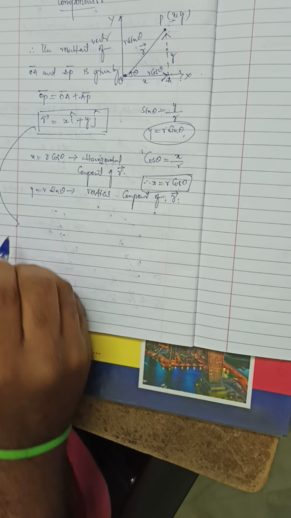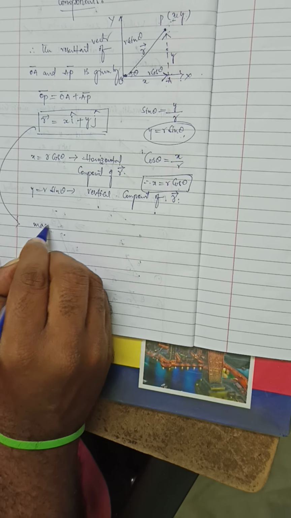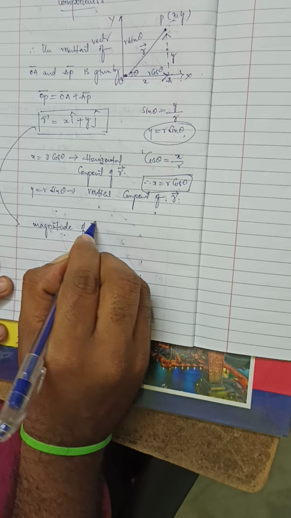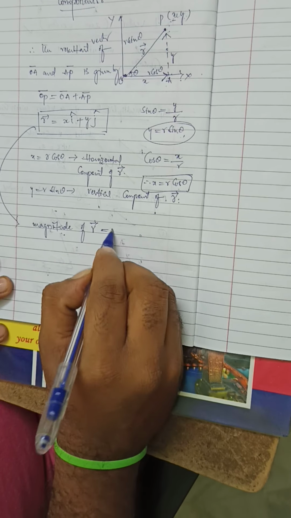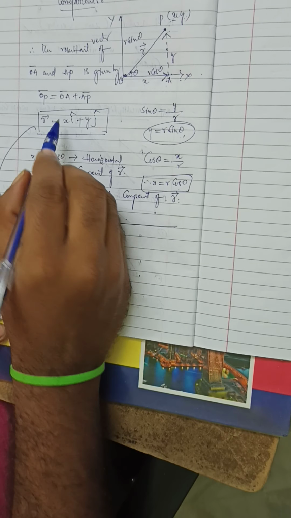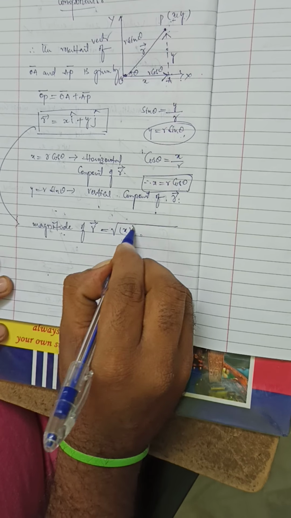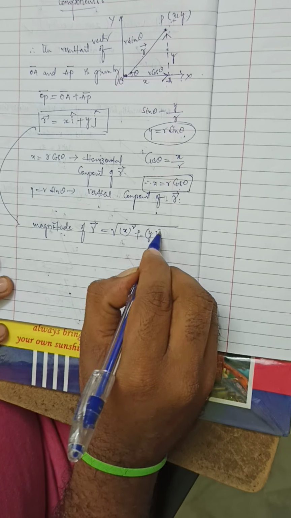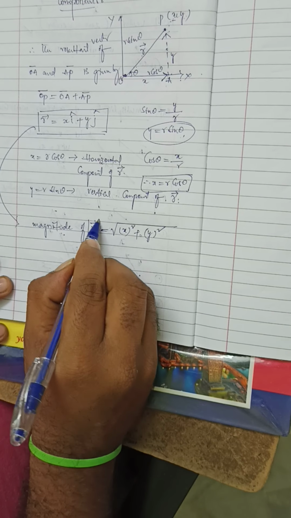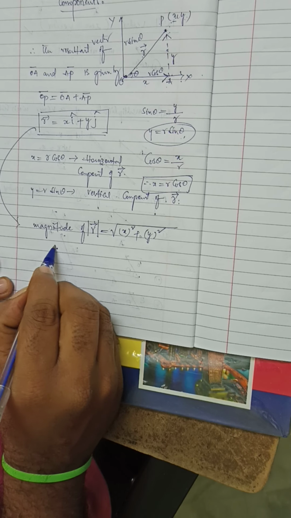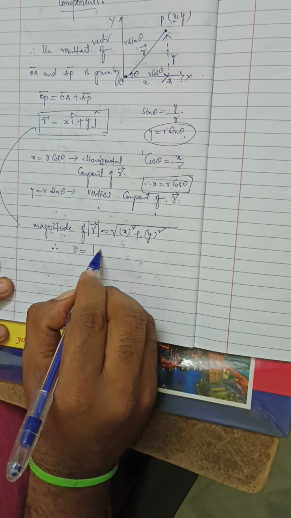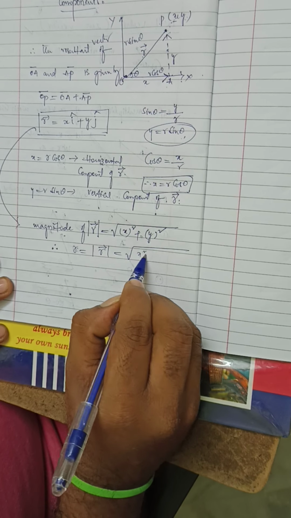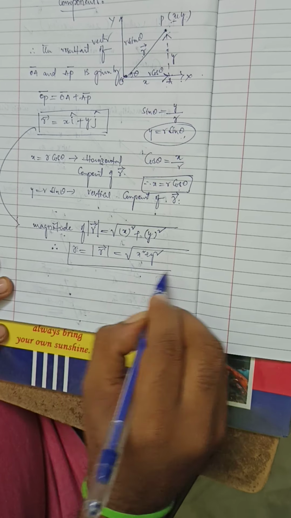Now from this relation, the magnitude of the r bar vector will be equal to the under root of the coefficient of i whole square plus the coefficient of j whole square. So this is the magnitude. Now modulus of r is equal to under root of x square plus y square.